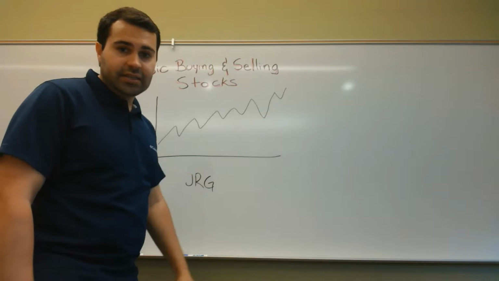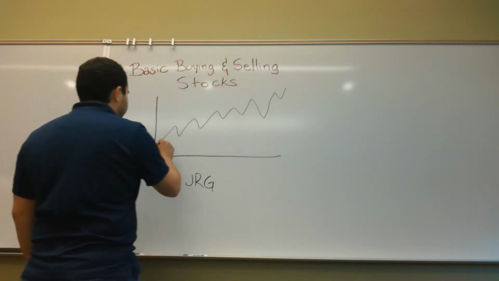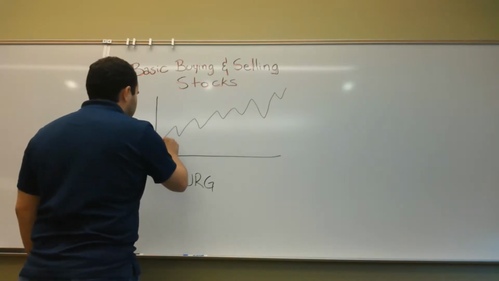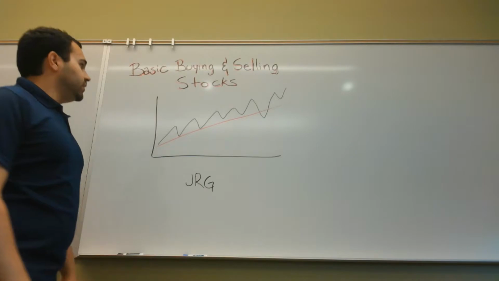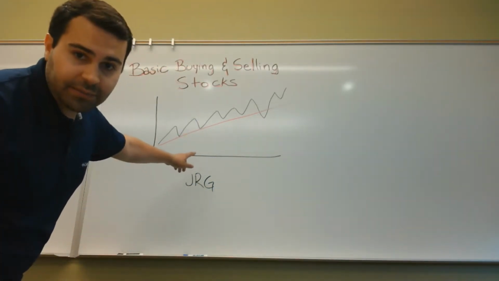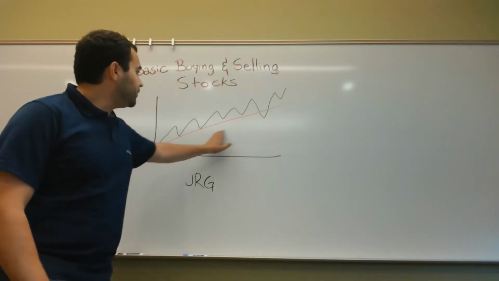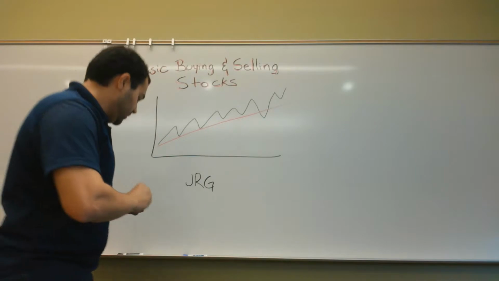Let's say this is in a span of 6 months. So we're going to draw what looks like a trend right there. I don't know if you can see that very clearly, but this red line is going to be the lower end of the channel, and I'll show you why it's called a channel.